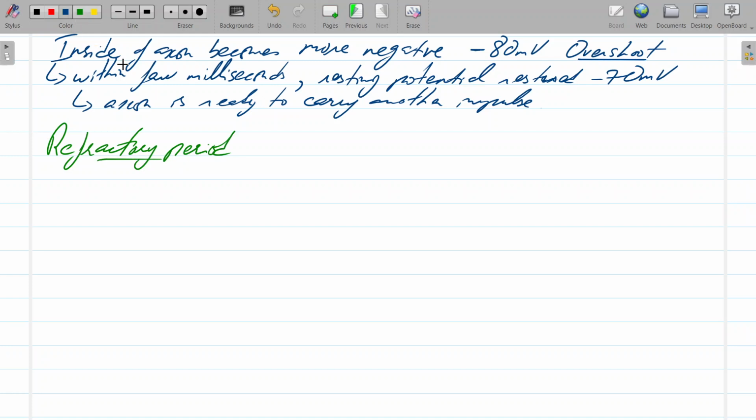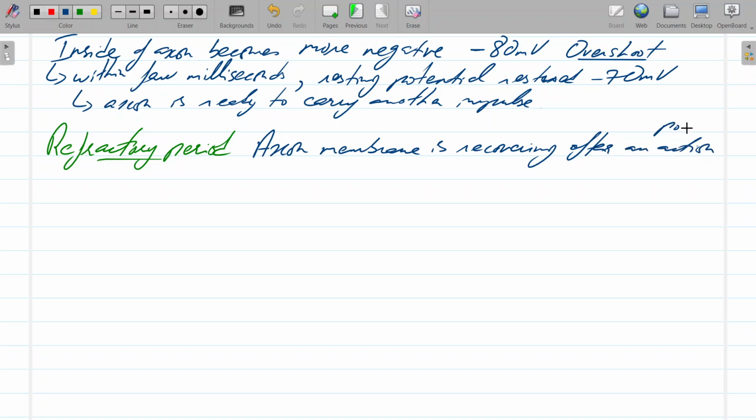And so this is the time where the axon membrane is recovering after an action potential. And so it is also the time where the membrane is being repolarized.